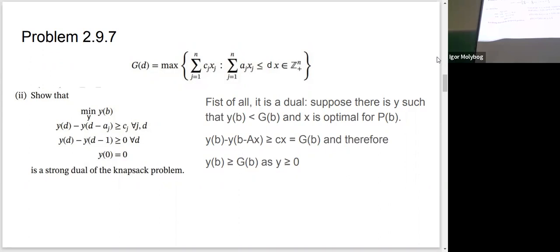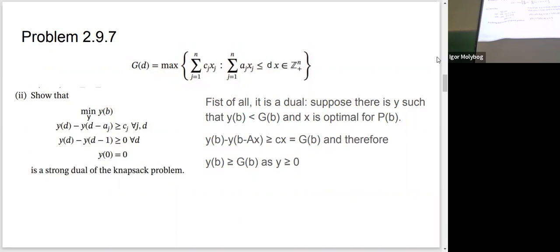Let's say that the first item we have taken 3 times. Y of b minus y of b minus a1 is greater than or equal than c1. Then y of b minus a1 minus y of b minus 2a1 is greater than or equal than c1 again.